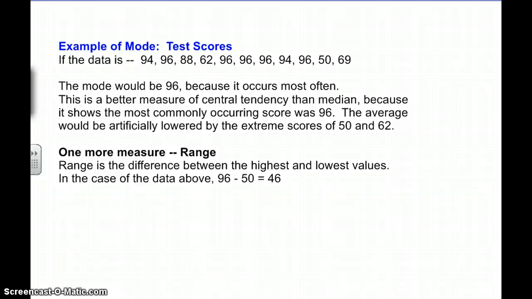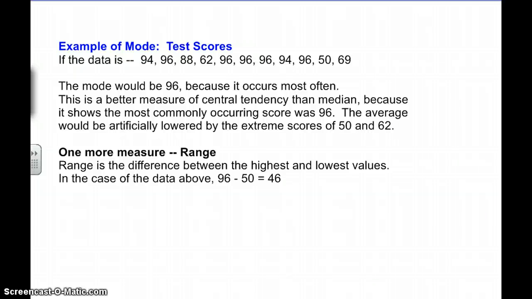Something like 50 is called an outlier. We're going to see that in a couple seconds. But that's going to throw the median off and lead you to believe that the score that represents the class is much lower than it actually is. It would be better here to look at the mode.